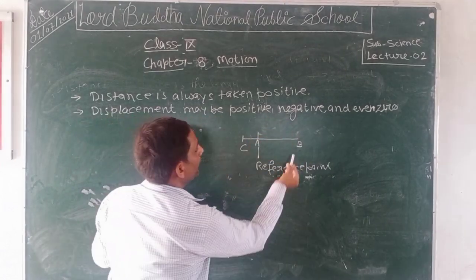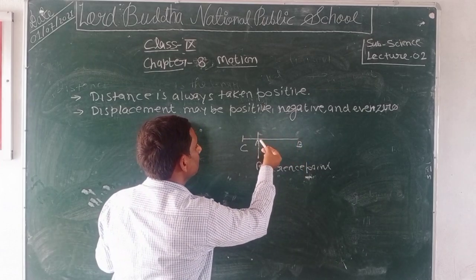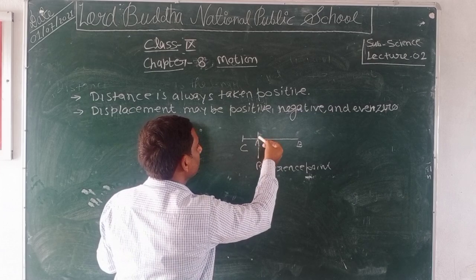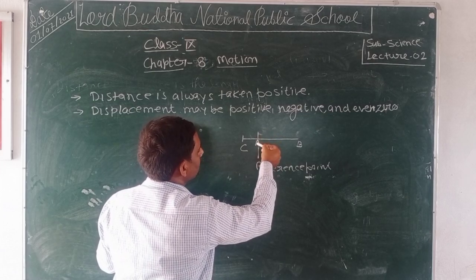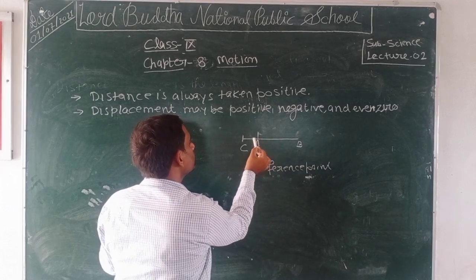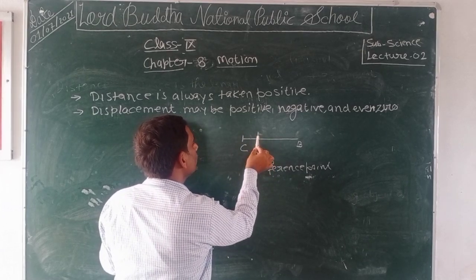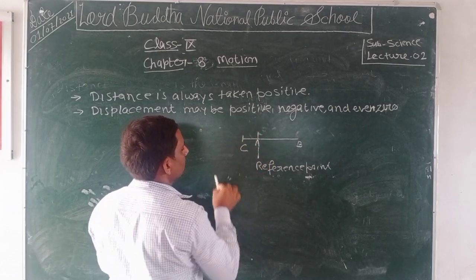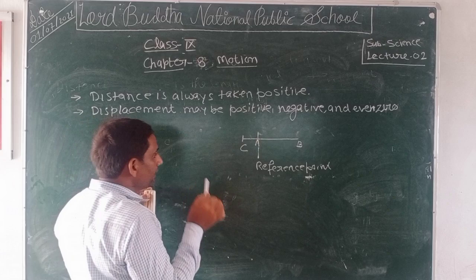But when he returns to A, meaning he again reaches the initial point, the initial and final points coincide, hence displacement is 0. When he moves towards C, he goes in the negative direction, so displacement is negative.